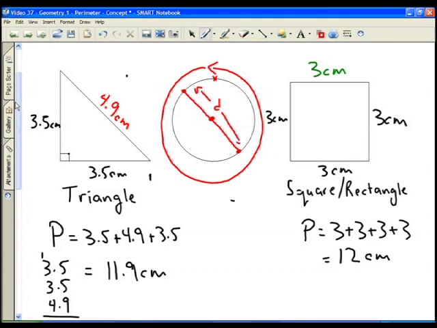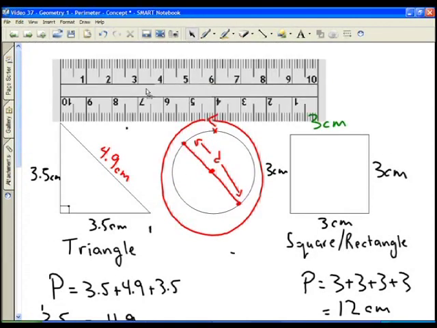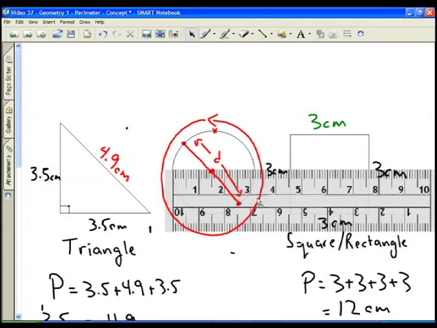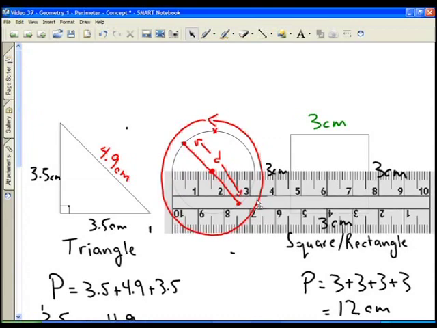This would be the length of the diameter. And so if we take our ruler, which I've lost here, if we take our ruler and we go through the center at any point, if we go through the center right about there, we should be able to get the diameter. So it doesn't matter where you go through the center, as long as you go from circle edge to circle edge, and you go through the center.